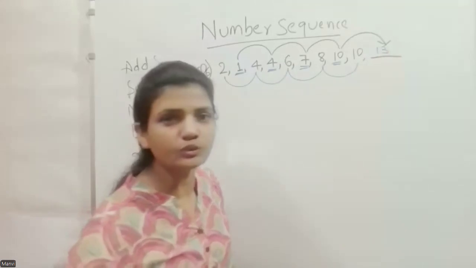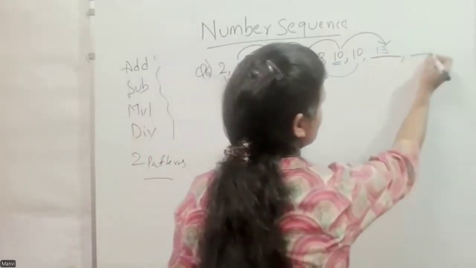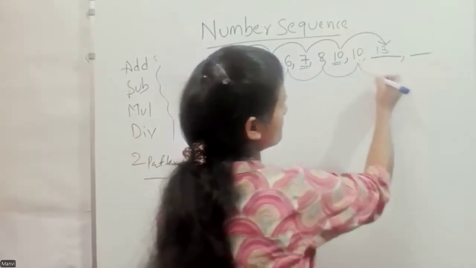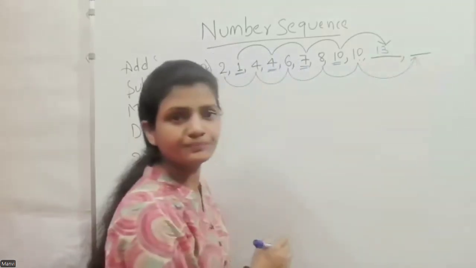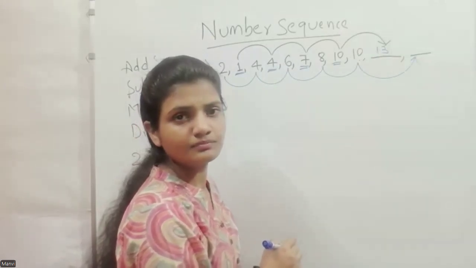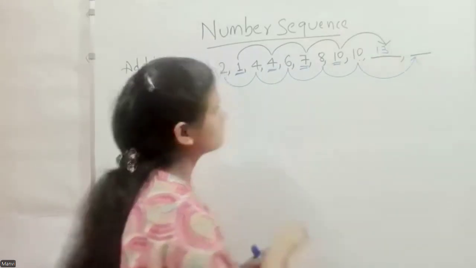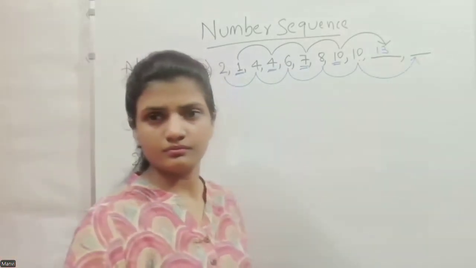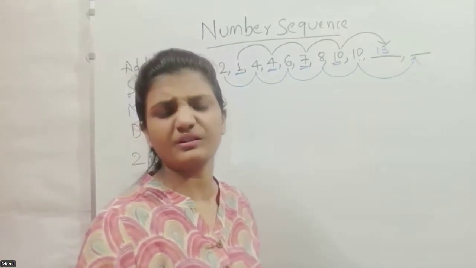If I give this 2 a dash, so one more answer will come. What will be the answer then? Rians, what are you doing? Why did you write 11?